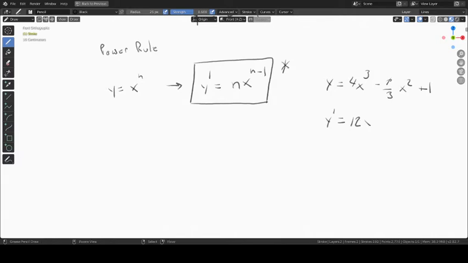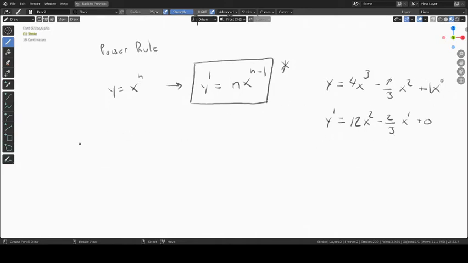So we have 12x to the n minus 1. 3 minus 1 is 2. So we have 12x squared minus 2 times a third. So that's 2/3 x to the first power plus 1, which is times x to the 0th, technically. So we have 0 times 1, which is 0. So plus 0. The derivative of a constant is 0.